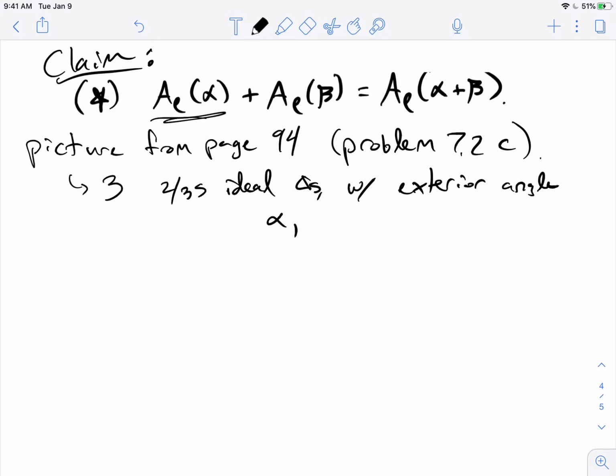The area of that's going to be this one. Beta, and then I need another 2/3 ideal triangle with exterior angle alpha plus beta. So I need a picture which has all those triangles, and hopefully I can use that picture to show that these areas on the left and right side of the equality are equal to each other. And they helpfully give us the picture in the book.